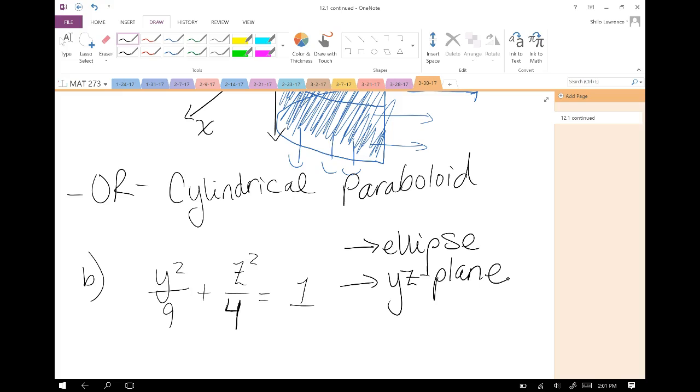Which variable is missing, since we were told it's a surface? X is missing. Which means once we get our two-dimensional ellipse drawn, we are going to repeat it forever in the x direction. Okay?